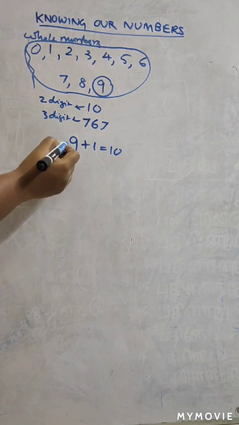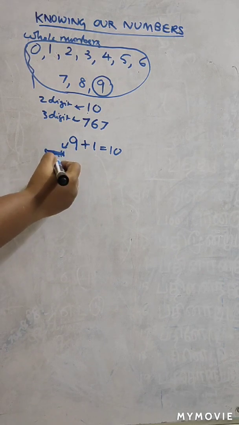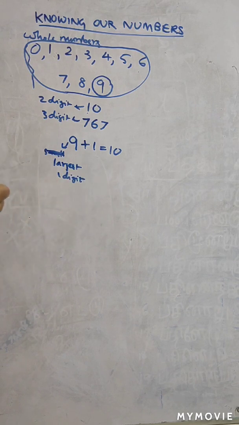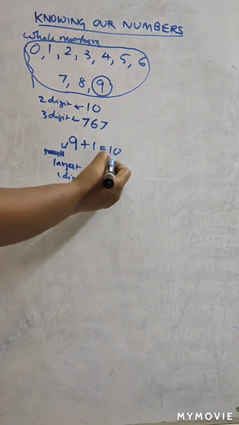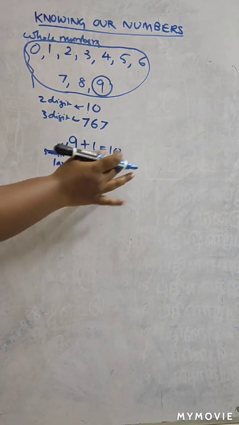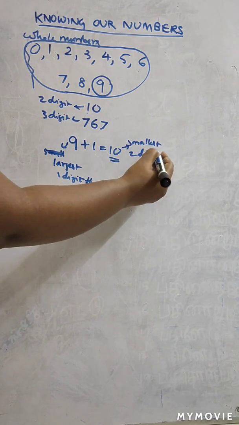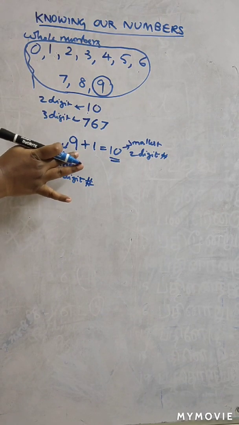So 9 plus 1 gives me 10. For number I am using a short form, that is hash. So 9 plus 1 is giving me 10, which is the smallest 2-digit number. See, here we have added 1 to the largest 1-digit number and we are getting the smallest 2-digit number.